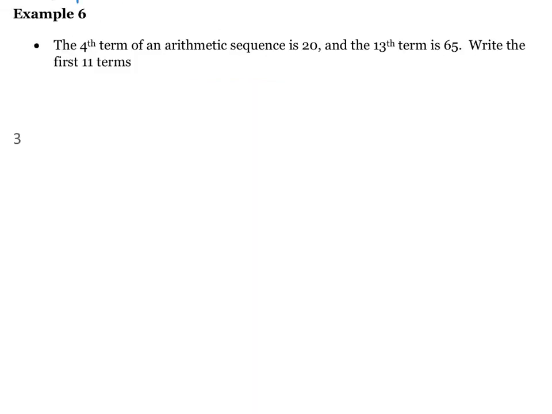So when we take a look at this problem, we have to figure out how many terms there are to get from the first one that we're given to the second one that we're given, because we have to add that difference that many times. So what we know is that the fourth term and the 13th term are 9 terms apart, okay? So let's start with 13 minus 4 is 9, right? So we can say that they are 9 terms apart.